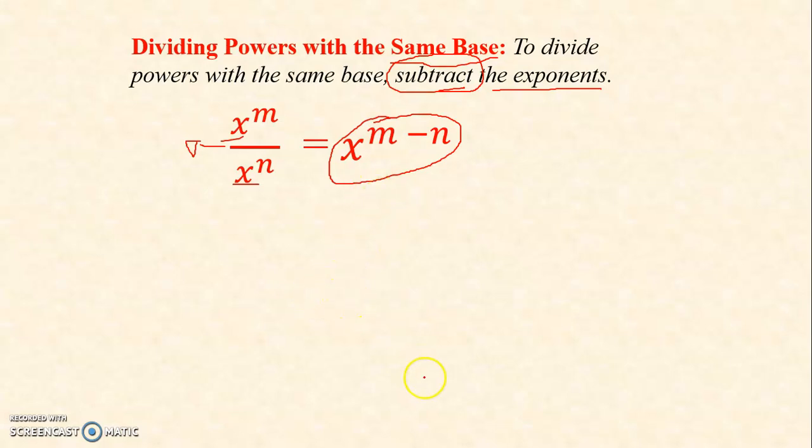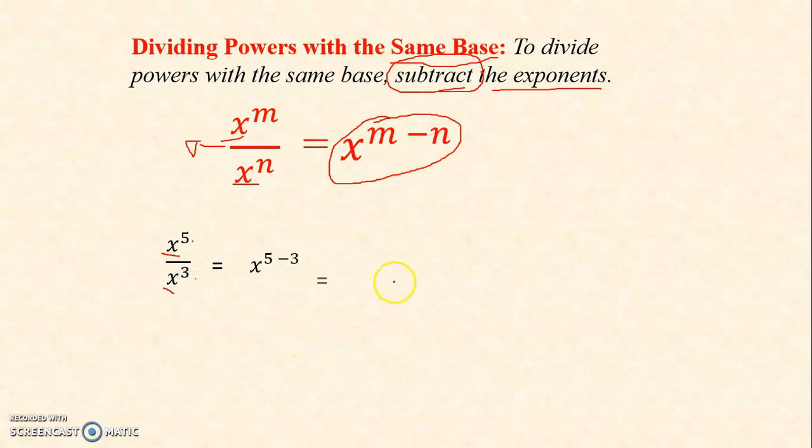To further understand this rule, we need to look at some examples. We have here x raised to 5 divided by x raised to 3. The base here is x and x. They have the same base. So all you need to do is copy the base and then subtract the exponents, 5 minus 3.